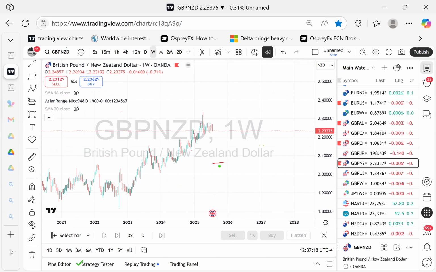If we look at this weekly chart, let's just say I'm drawing my structure like this. I think most of y'all are going to agree, this would be my swing low. This would be my swing high, right? I think that's how we've discussed it this far.